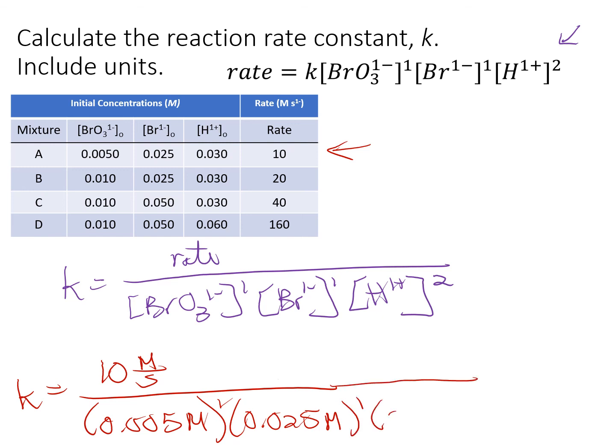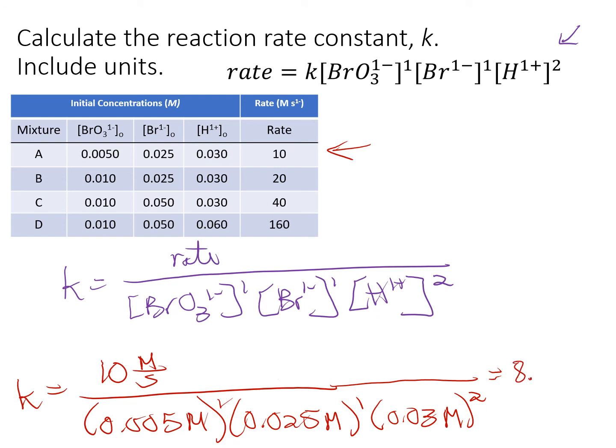And your hydrogen concentration in A is 0.03 molar squared. So I'm going to go to the next page so I have some room to work, and we'll deal with the value as well as the units.